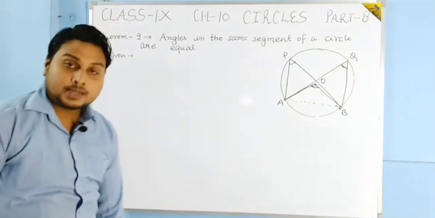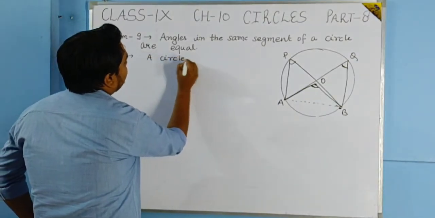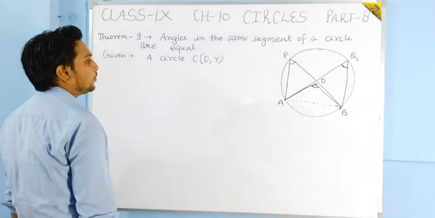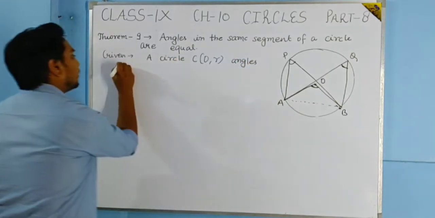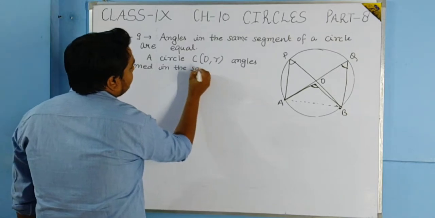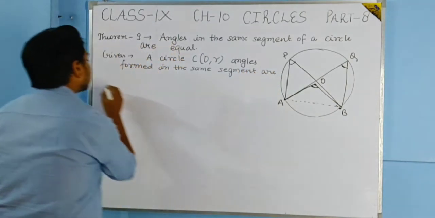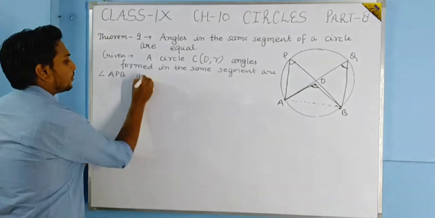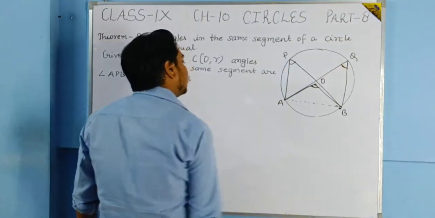In the given part, we'll write that a circle C(O, R) is there of center O and radius R, and the angles formed in the same segment are angle APB and angle AQB. These angles are in the same segment.